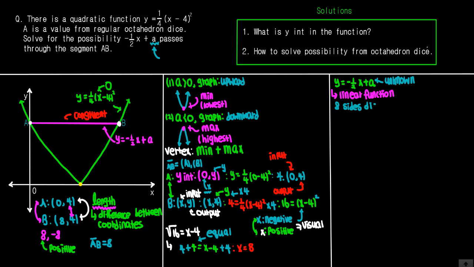And the a value is one of the 8 sides of the die, which means we can think about the number of possibilities for our a value. It can be 1 out of the 8 values, so the probability is 1/8. So 1/8 is the probability for each possible a value.